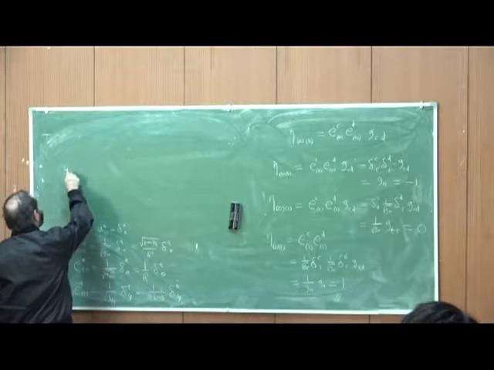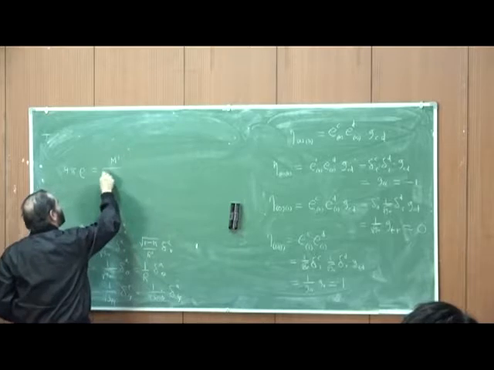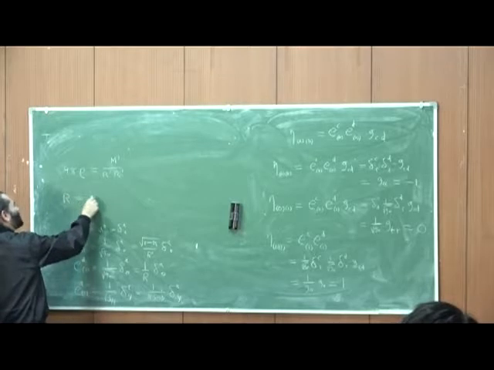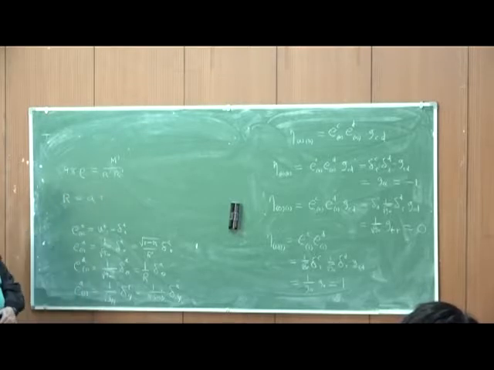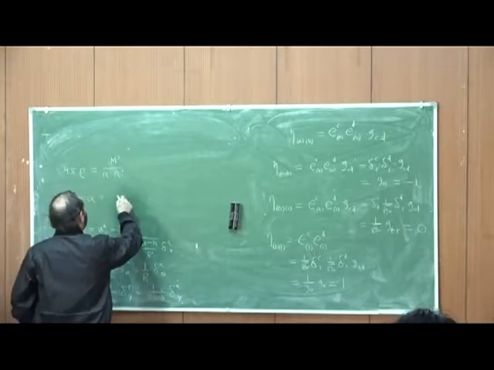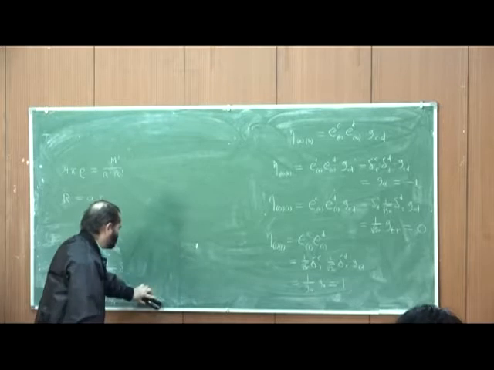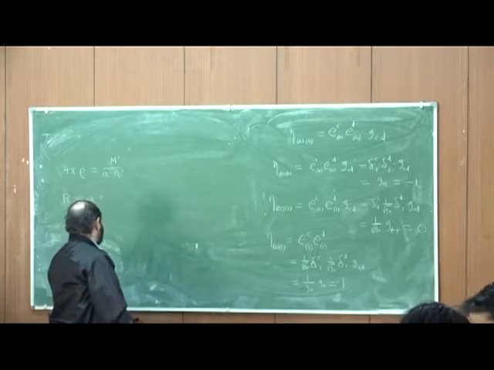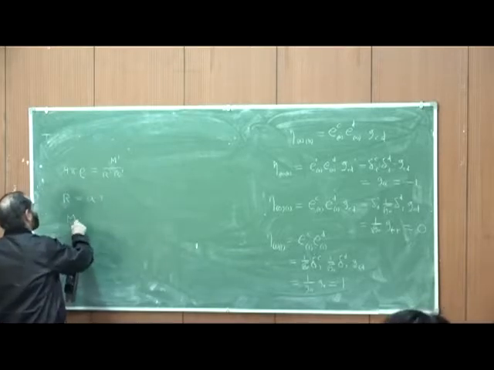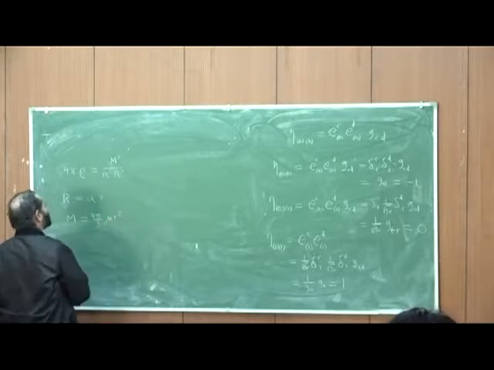We had something like this: 4 pi rho equals m prime over r squared r prime. But now r is a times small r, right? And we have also defined m is 4 pi by 3 mu r cubed, right?